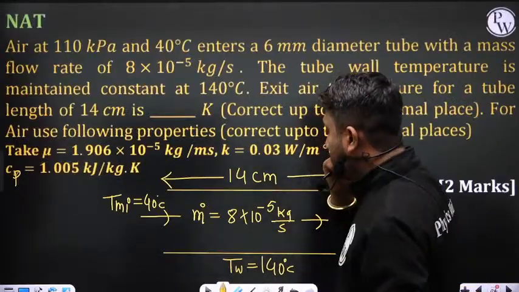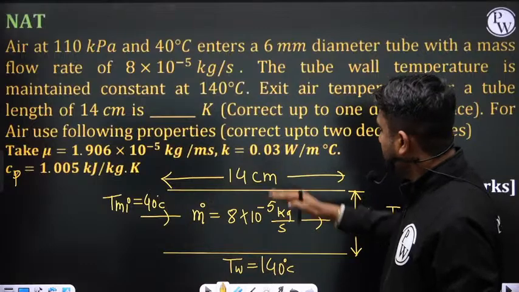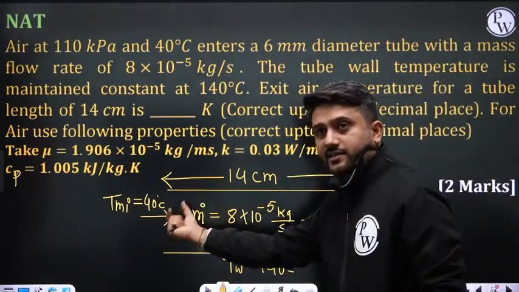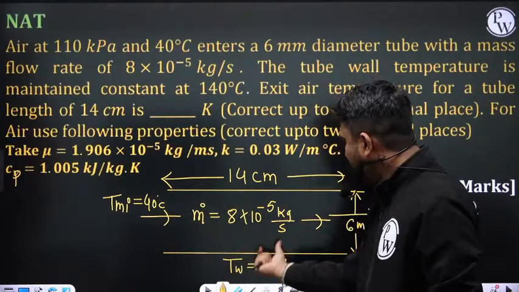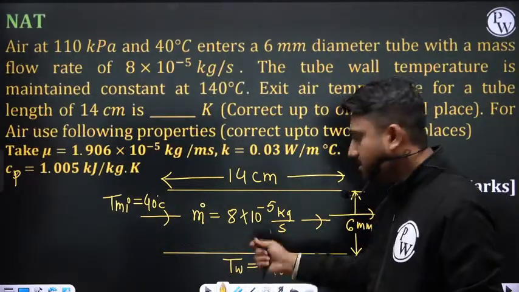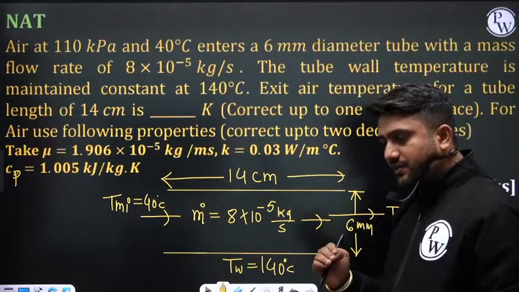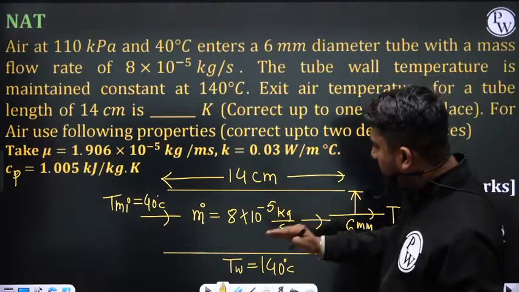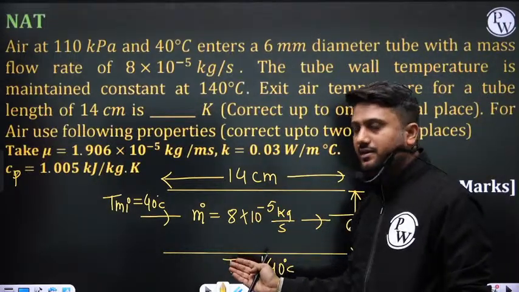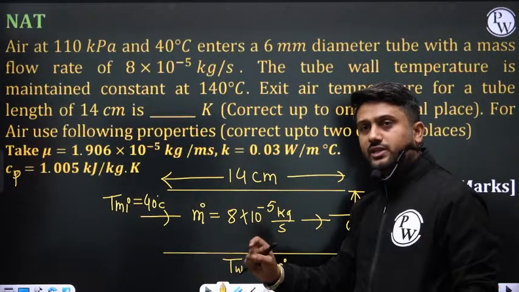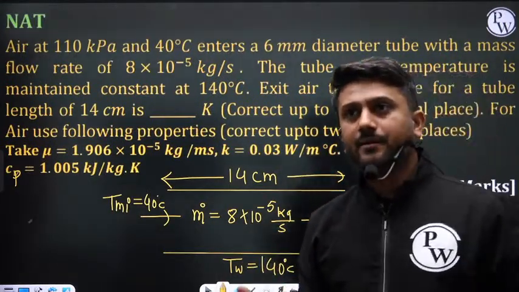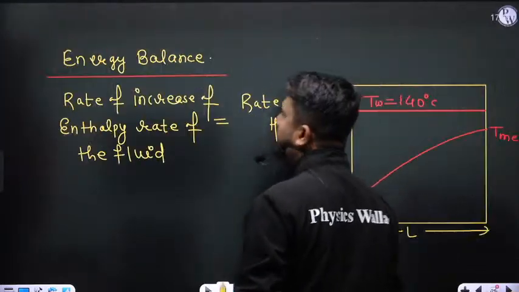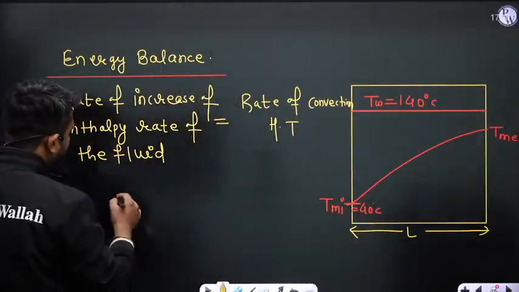See here, the fluid is flowing through this pipe, and the surface is maintained at 140 degrees Celsius. So the temperature of the fluid is lesser than the wall temperature. What is the mode of heat transfer from the surface to the fluid? That is convection. So whatever rate of convection heat transfer occurs here is equal to the increase in enthalpy rate of the fluid, which is the air.